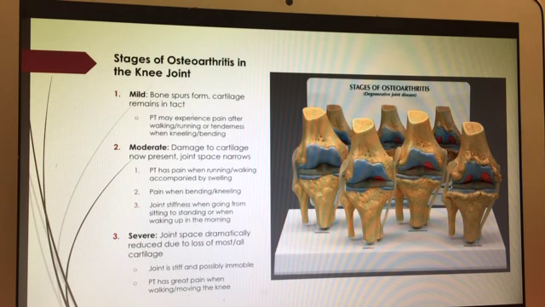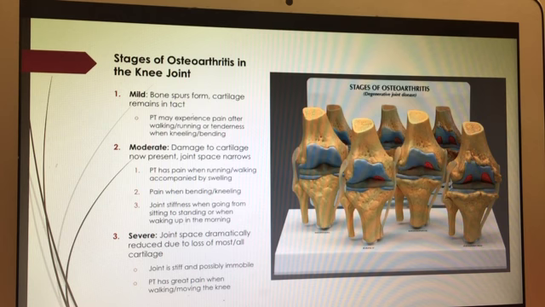Now, the final stage of osteoarthritis, which is the model all the way to the right, is the severe stage. The joint space is dramatically reduced due to the loss of most, if not all, of the cartilage. As you can see, there's far less blue cartilage in the last model as compared to the first few models.